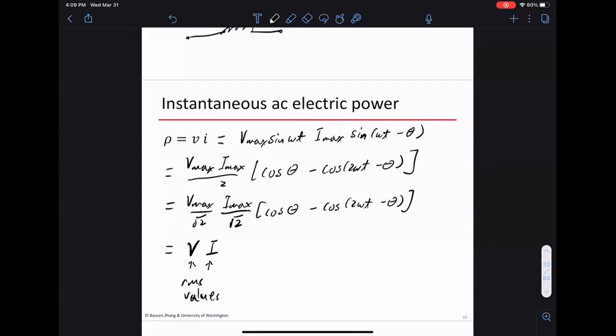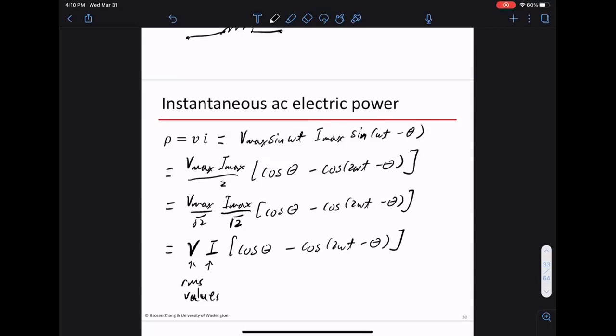That's a really nice part of this. We talk about V times I, cosine theta minus cosine 2 omega t minus theta. So the first nice thing is that now we can talk about RMS values. We never need to talk about the peak values again. We'll talk about power in just RMS values.